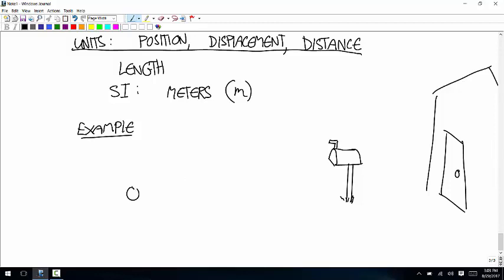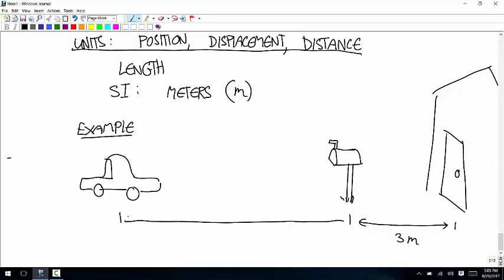And here's the car. It's a huge mailbox compared to the car. And let's say that the distance from the door to the mailbox is 3 meters. From the mailbox to the car is 8 meters.